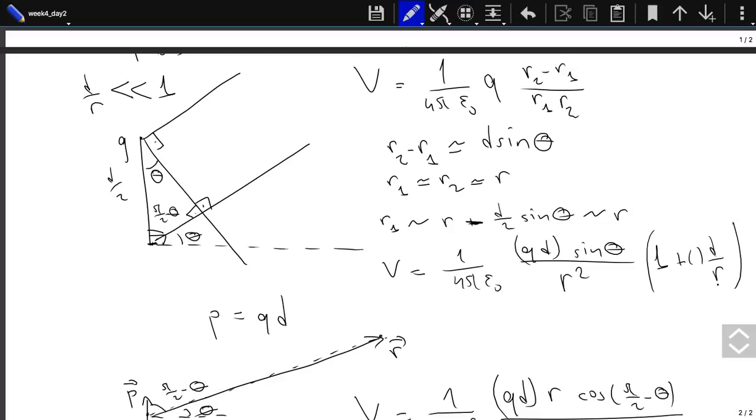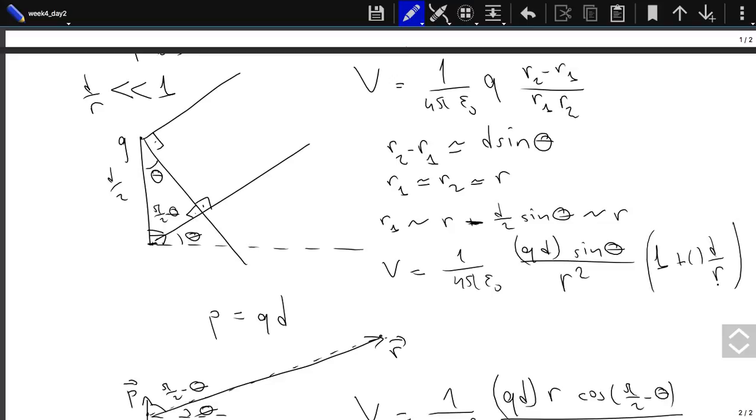What is this thing? This one. 1 plus? Well, you see, here we make some approximations. We said that R2 minus R1 is approximately d times sine theta. This is not exact. There, I should add some correction terms. And similarly, I said that R1 is equal to R2, which is almost equal to R. This is also an approximation.